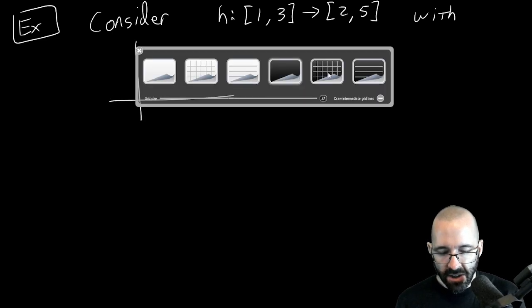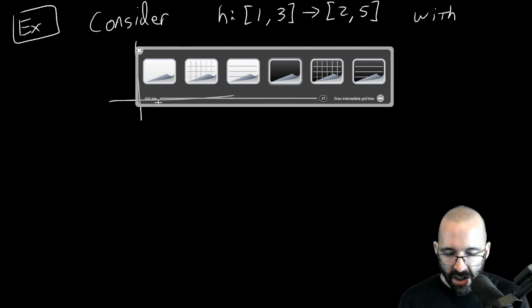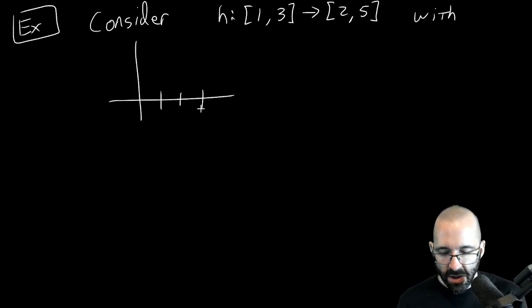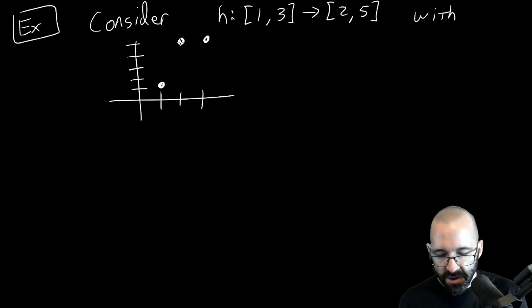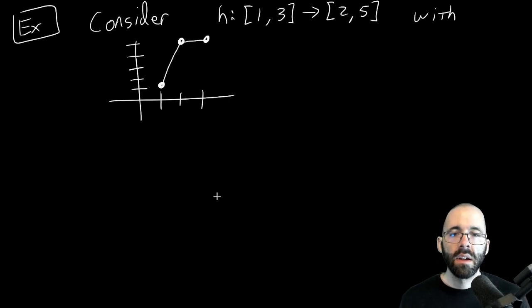I actually could put graph paper out here, but I don't really like it. So we're just going to count 1, 2, 3, and then 1, 2, 3, 4, 5. And let's say this function starts at (1, 1), goes to (2, 5), and then stays constant. So it's a piecewise function, like so.